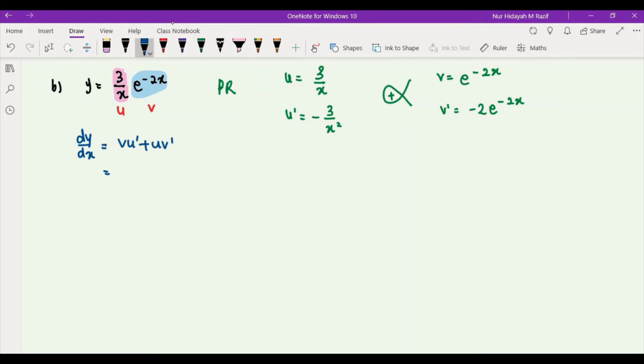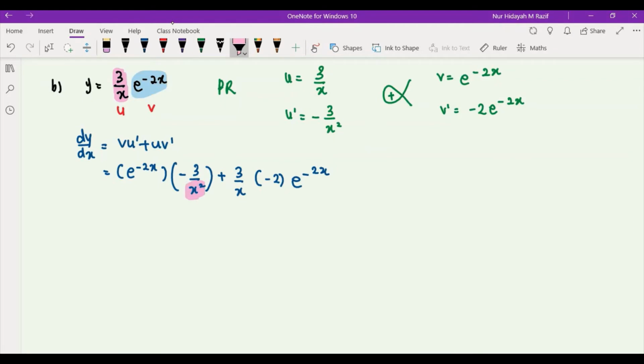Substituting in whatever I have there, I will have e power of negative 2x multiplied by negative 3 over x squared, and then added to 3 over x multiplied by negative 2 e power of negative 2x. And from there, I just need to make sure my denominator will be the same.